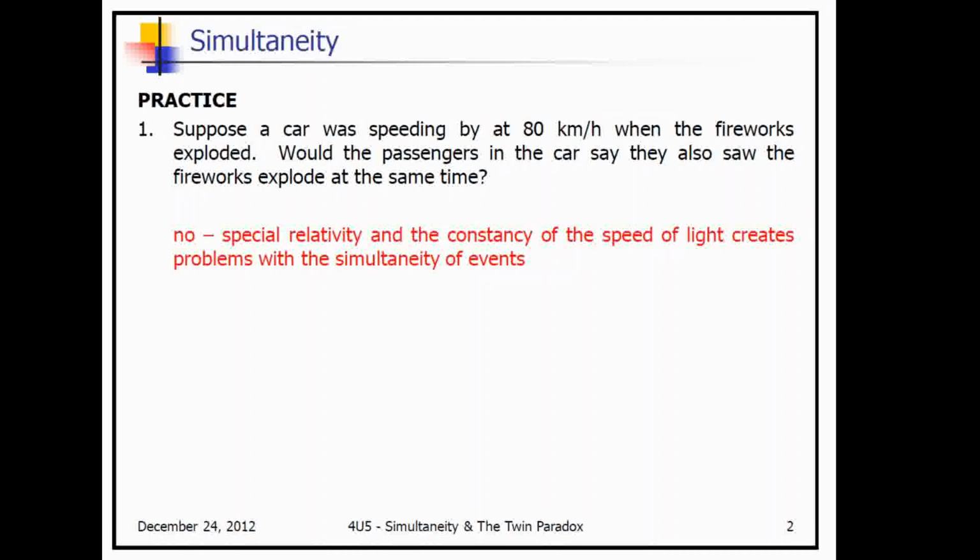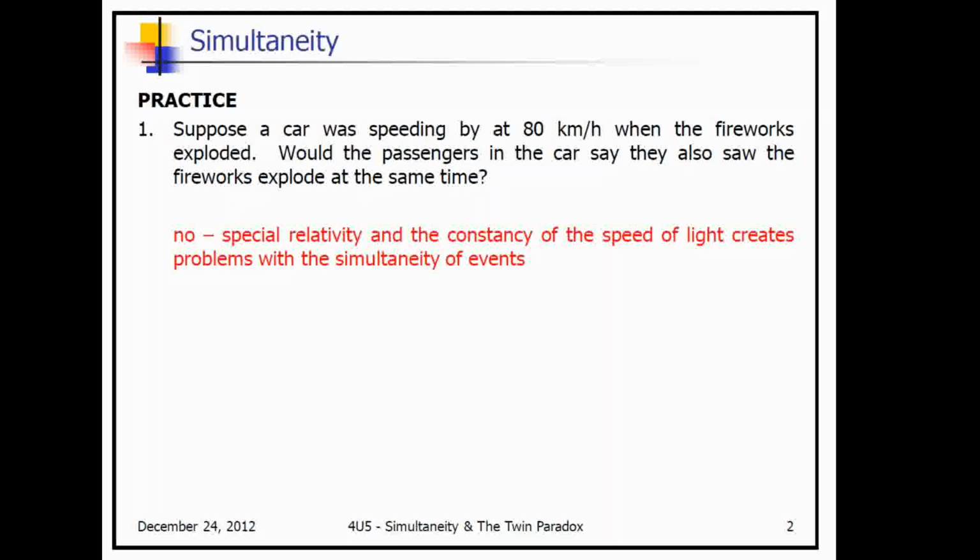First, looking at that fireworks example, here's a thought question. Suppose we have a car that's speeding at 80 kilometers per hour when this fireworks show is happening, and we're asked if the passengers in the car would say that they saw the fireworks explode at the same time.